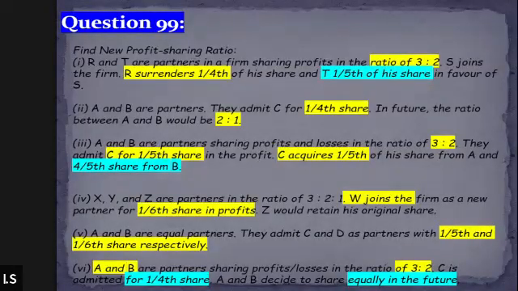You think it's wrong? Okay. Could you please tell me the new profit sharing ratio you have got? 7:3:9. 7:3:9 is not right, I think.